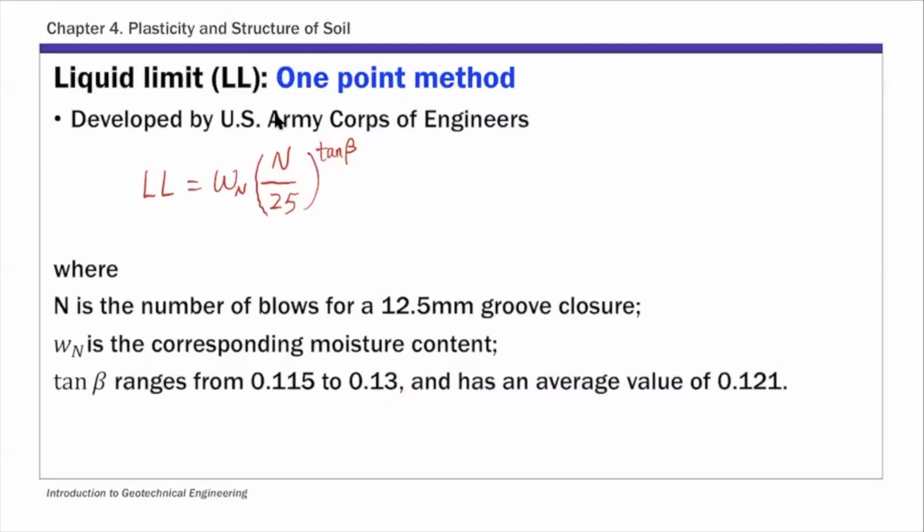So in the standardized test, you need multiple tests, multiple soil samples to get that value. 1-point method, you just basically do one test and then use this empirical relation to get your LL value. Okay, so that's one option.